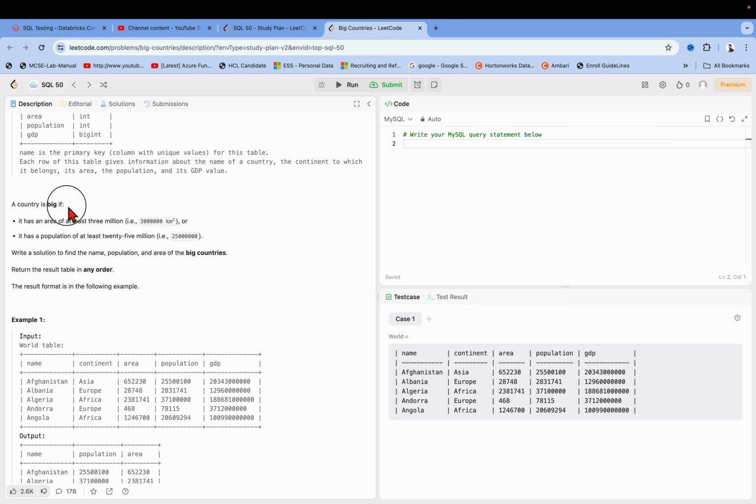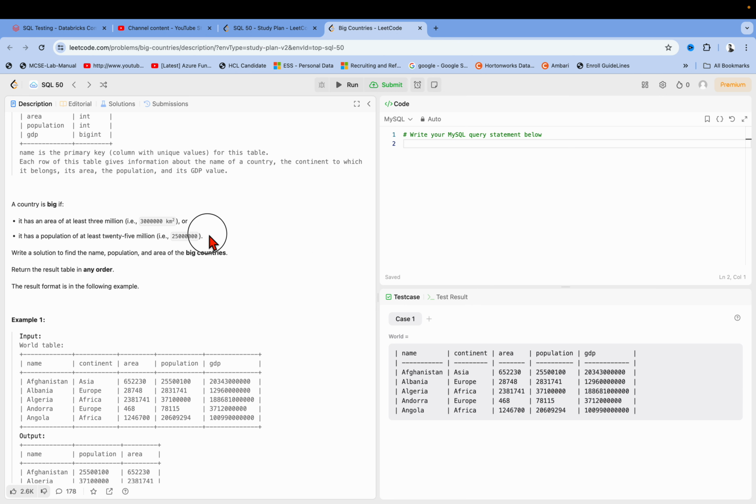A big country is one that has an area of at least 3 million, or a population of at least 25 million. So write a solution to find the name, population and area of the big countries.